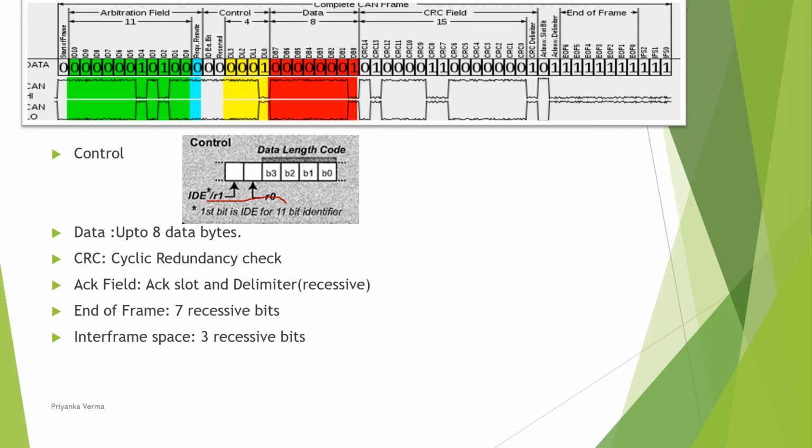After the CRC is completed comes the acknowledgement. CAN is broadcast based. For example, if I send a message, it goes to everybody. It's broadcast to all of the nodes, regardless of whether it is required by that node or not.